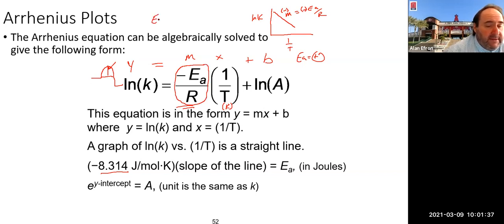Usually activation energy is given in kilojoules, and R is in joules. So at some point when we use this to solve, we will perhaps run into some issues. You have to do some type of conversion sometimes, and you can either convert joules to kilojoules or kilojoules to joules in that case.